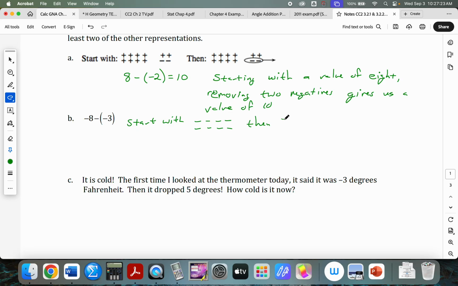Then we're going to take those 8 negatives and we're going to remove 3 negatives. So we started with -8 and we removed 3 negatives. So -8 minus 3 negatives gives us a value of what? -5.